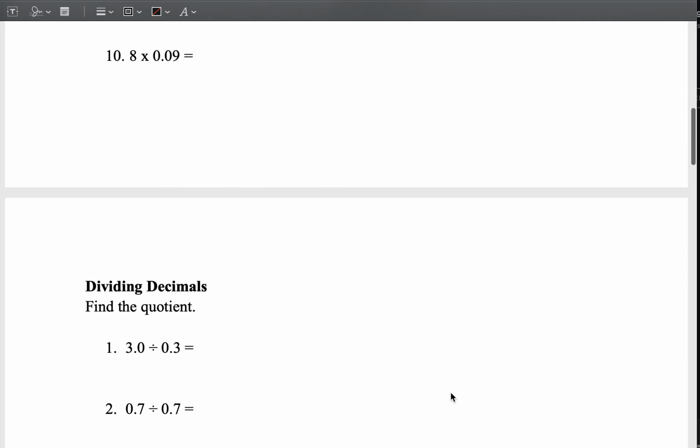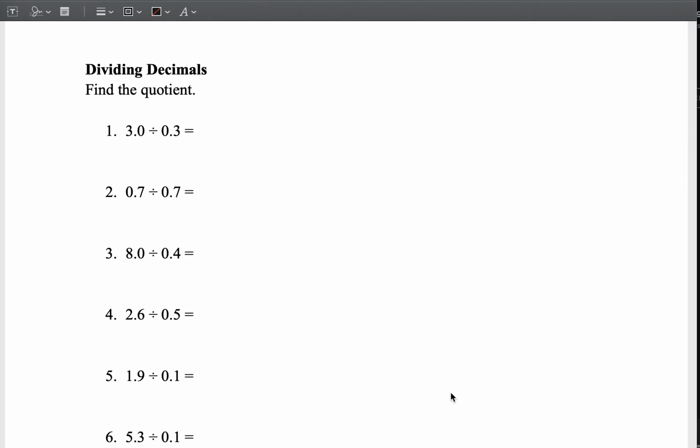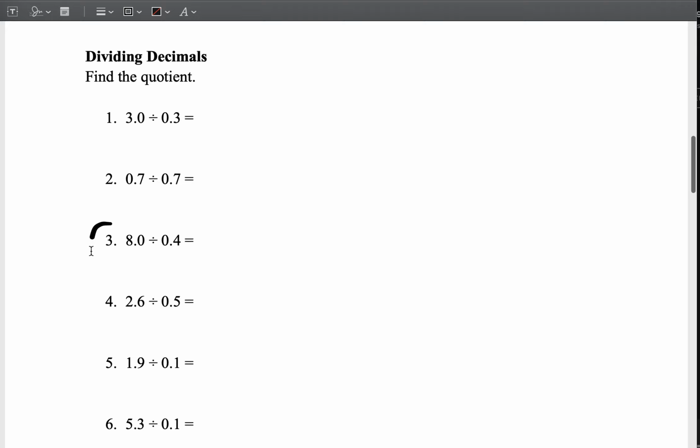Okay, next topic, we're going to be going over dividing decimals. So let's try number 3. 8. Remember that 8, the first number goes into the decimal, so 8.0 divided by 0.4.